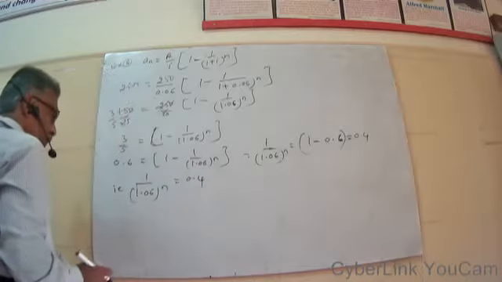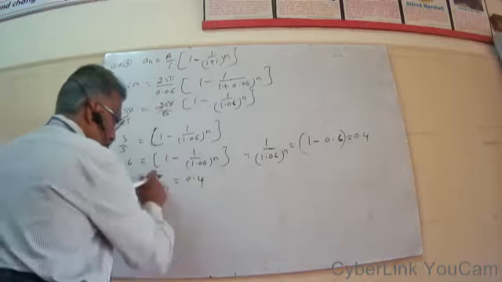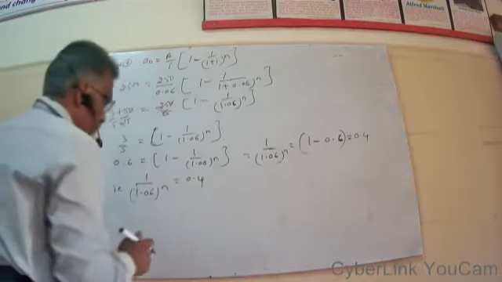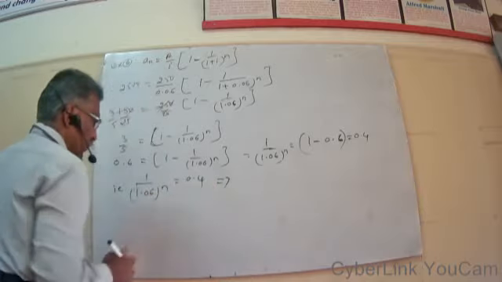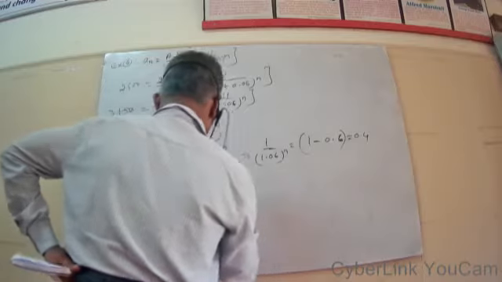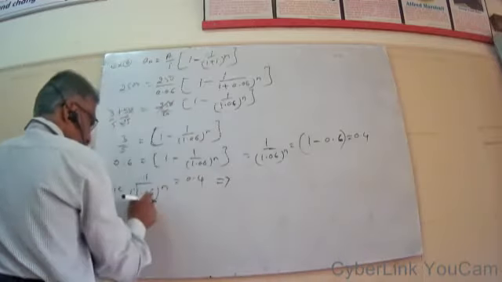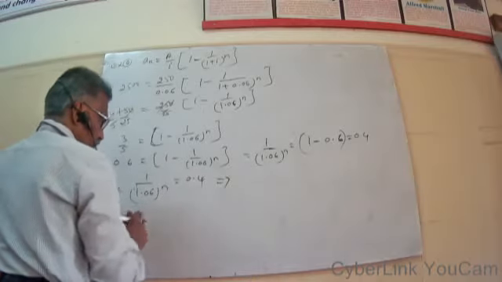Or again cross multiplication, this into this equals this into this. So I bring this here, and I bring this there. There is no change in value then.